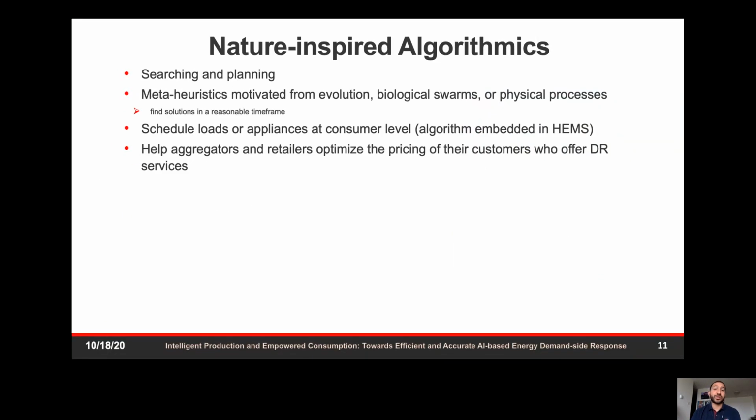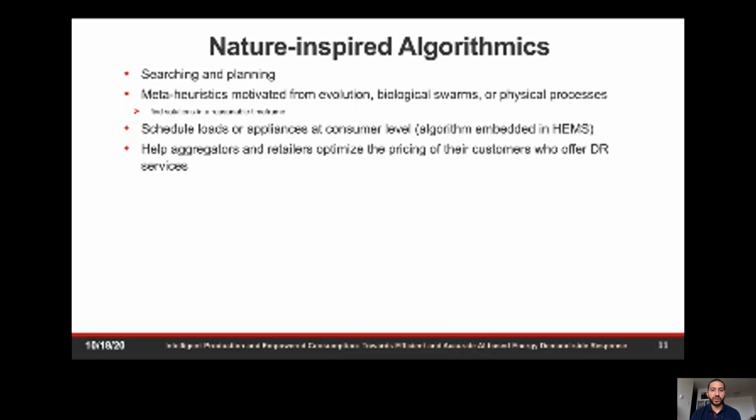Now, there are also nature-inspired algorithmics, which were used for demand-side response research. And again, there are different nature-based algorithms. In terms of nature, we're really using biological processes that exist all around us and trying to be inspired by them to create different algorithms.